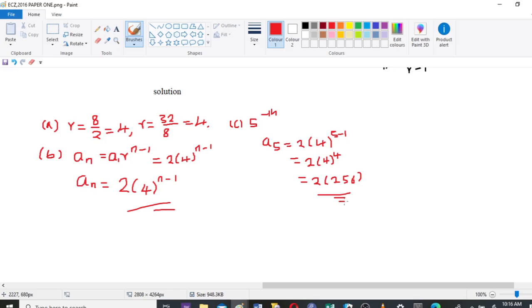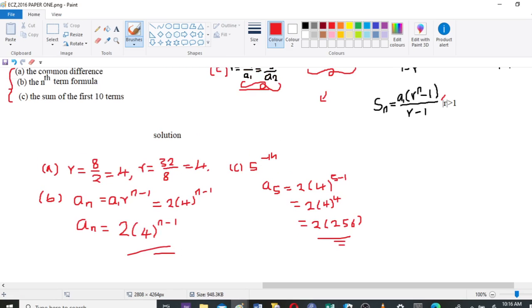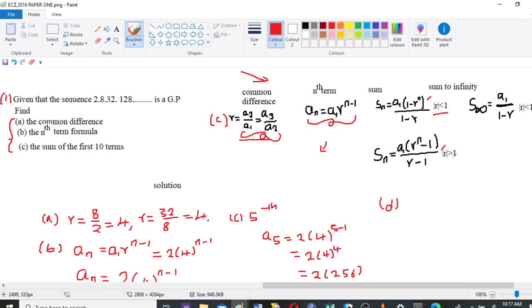Now let's calculate the last question, which is our D. We want to find the sum of the first 10 terms. To choose which formula to use, you need to look at the conditions and see which one is satisfied. You look at the first formula. We said here R should be less than 1, but look at the value of R that we have.